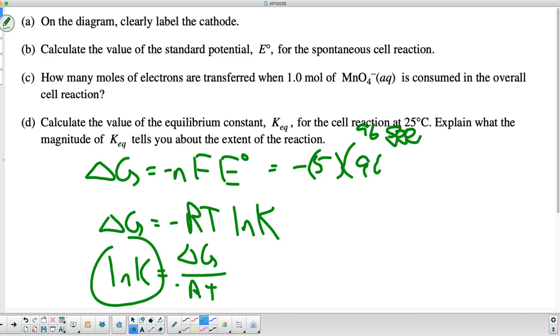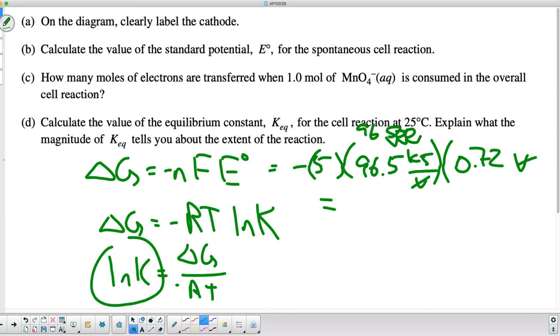So I'm going to do 96.5, and that's going to give us our kilojoules per volt. And then my E is the 0.72, and that's the volts. So the volts cancel here, I'm left in kilojoules, and this is the number of moles.